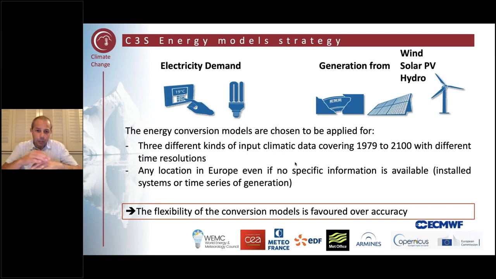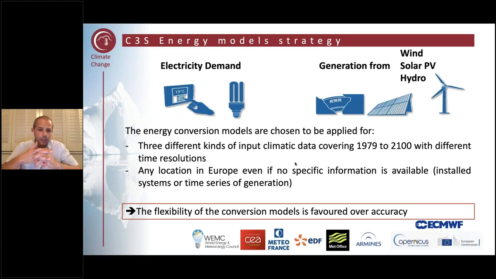Everything at the moment is done for Europe, but there are plans to extend beyond Europe in future developments of C3S energy. So let's focus on Europe, and most of the attendees are from Europe anyway, so that's not a big problem for this audience.